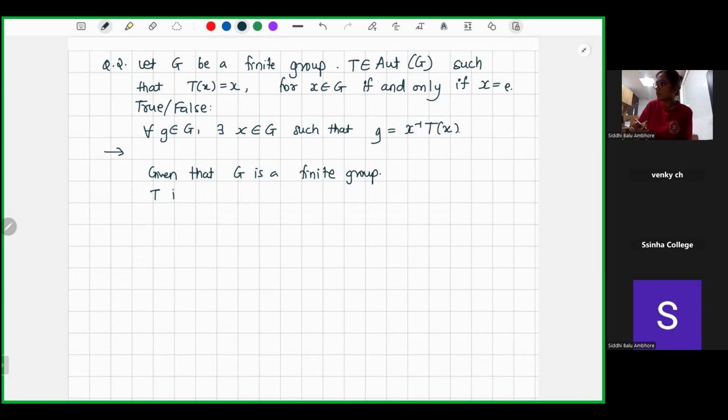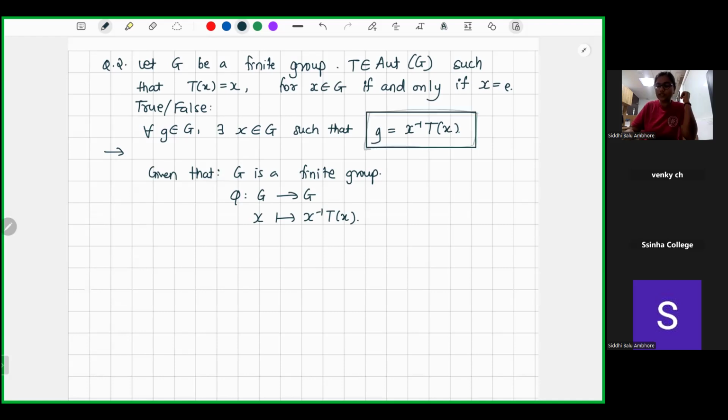T is such that we define this map phi from G to G such that x goes to x inverse Tx. What we have to show is that for every g, there exists some x such that this g is x inverse Tx. So this is what we will do.